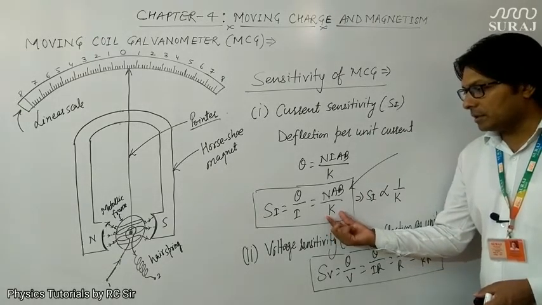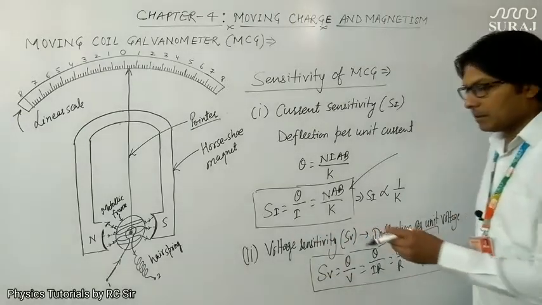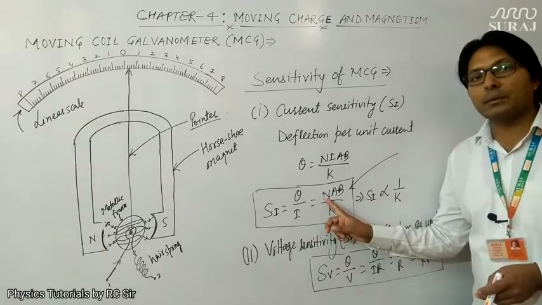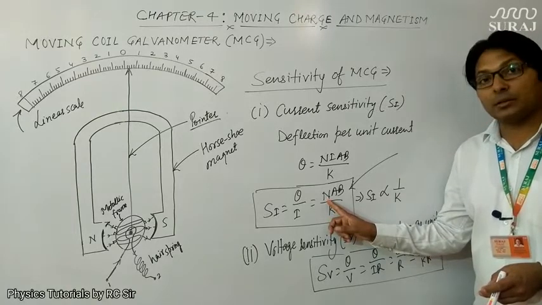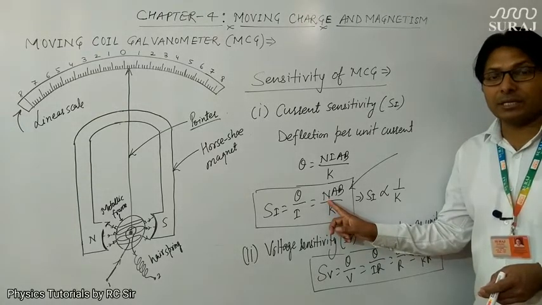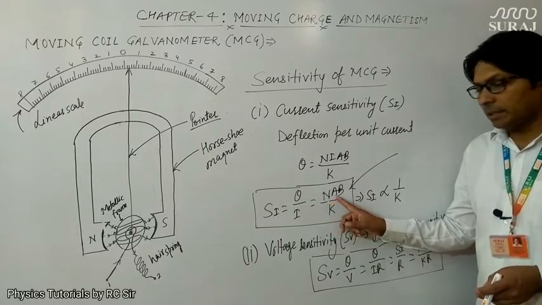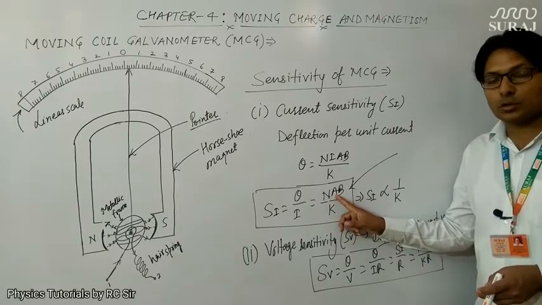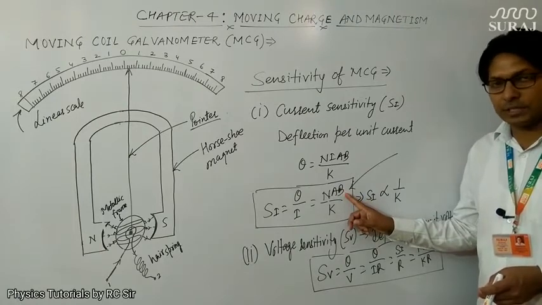If we want to increase the current sensitivity, there are four options. First option is to increase the number of turns. To increase the number of turns, the length of the wire will be increased, and it will increase the cost of the galvanometer. Area of the loop also tends to increase the cost of the galvanometer, and magnetic field also increases the cost of the galvanometer.